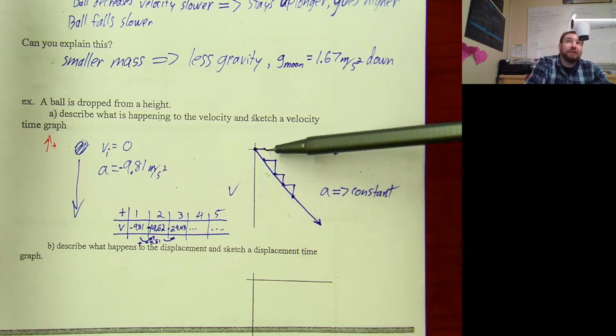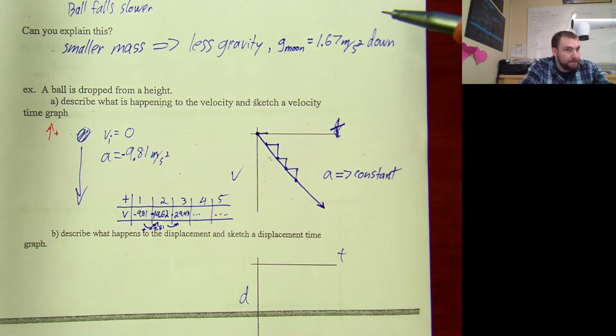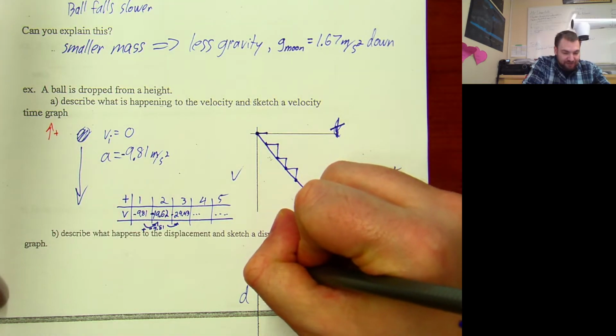Okay, so it's going to be a straight line on a VT graph. How about a DT graph? This one's going to be curved. This is the one that's going to give us our curved line.